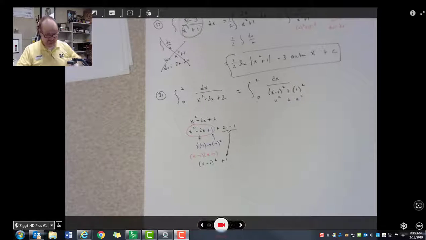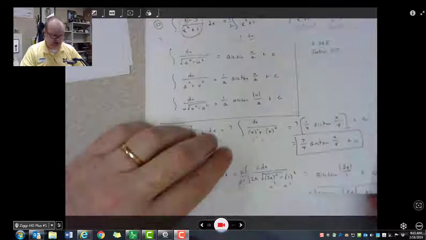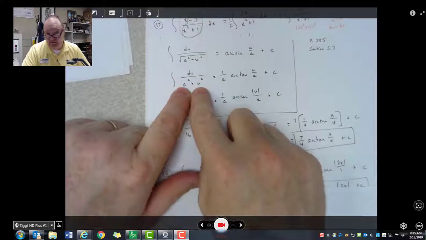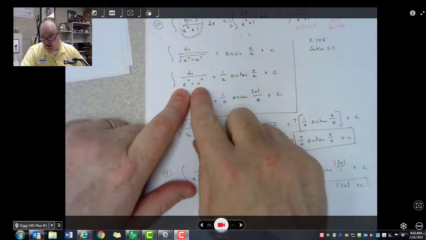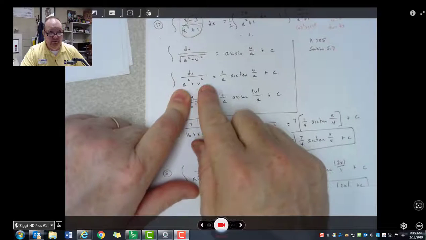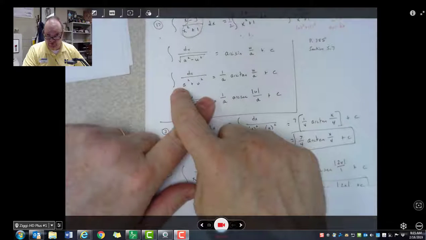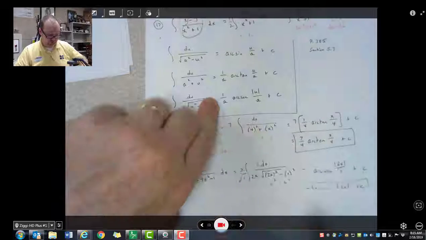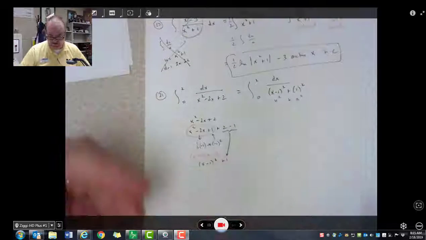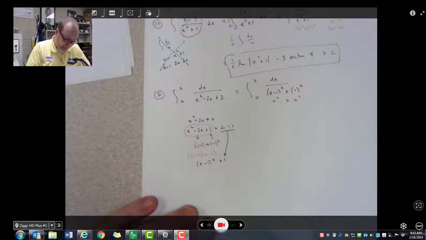Now, I think this goes without saying, but perhaps it's worth mentioning. My formula is a squared plus u squared, but we know from our work with the commutative property of addition, I can flip-flop those and do u squared plus a squared, which is actually what I have there. If you feel like you need to rewrite that, feel free to.